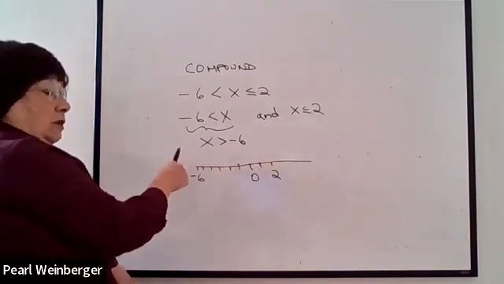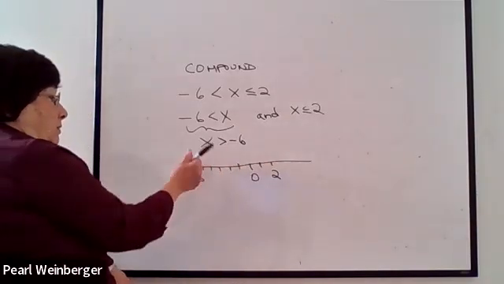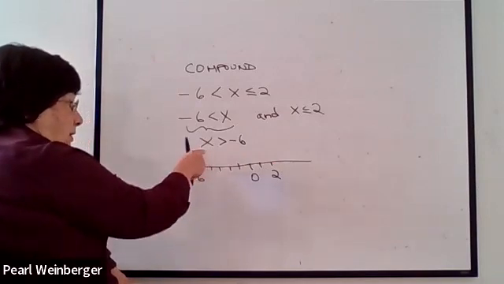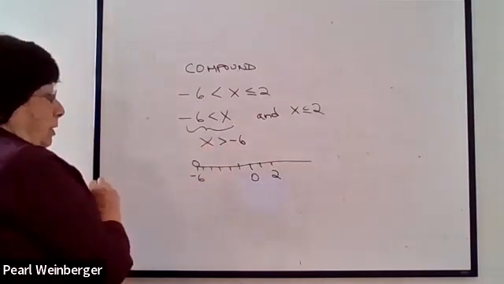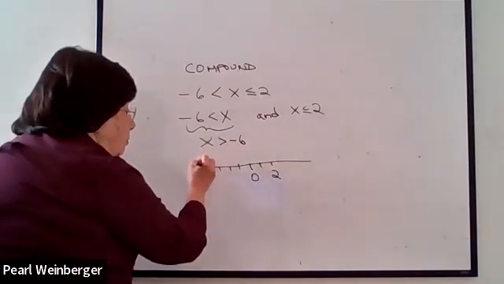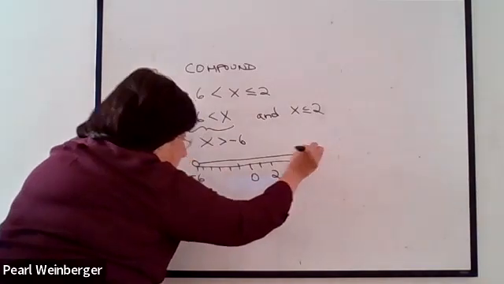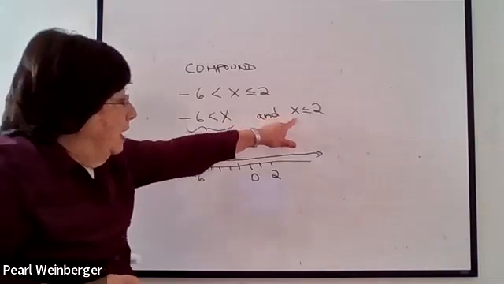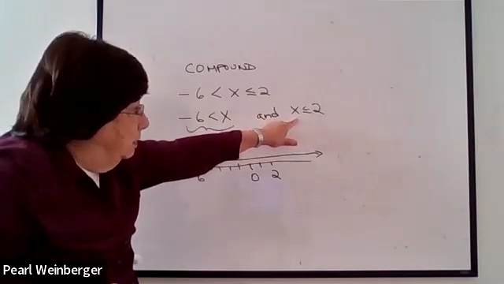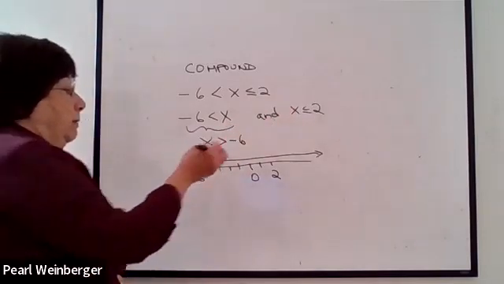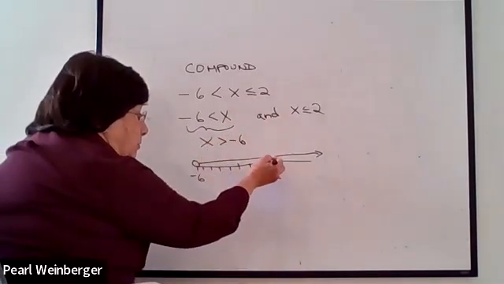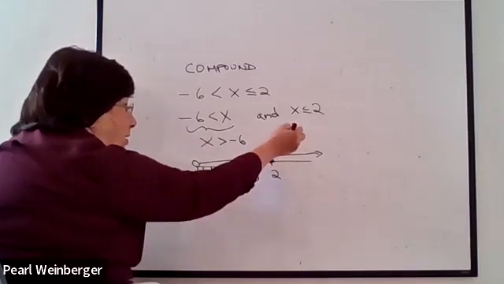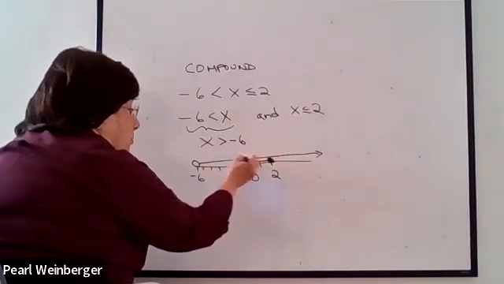To say x is greater than -6 means I'll have an open circle at -6 because it's greater and not greater than or equal to, and an arrow going all the way to the right to infinity. To say that x is less than or equal to 2 means you have a filled-in circle at 2, and now your arrow is pointing to the left.